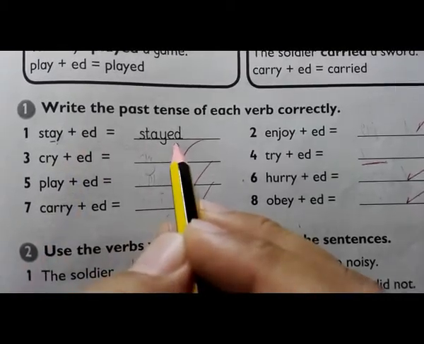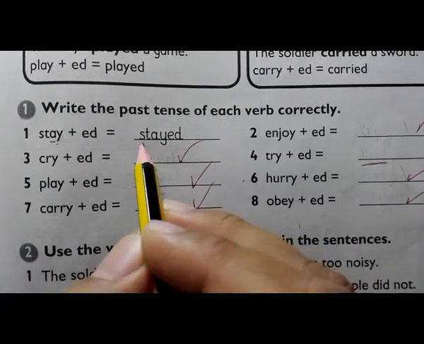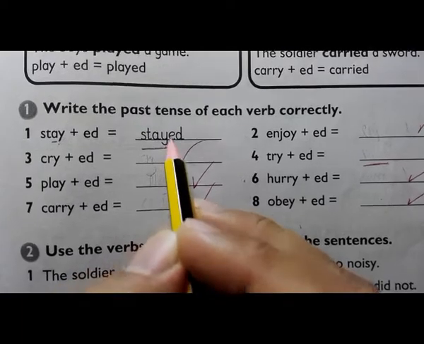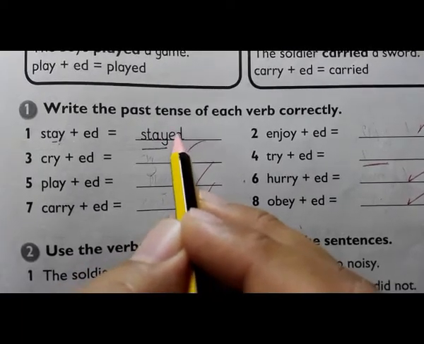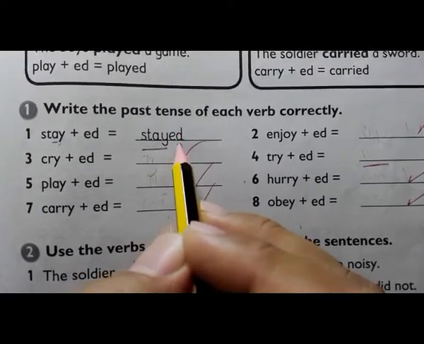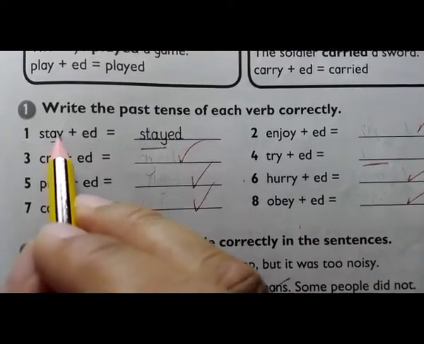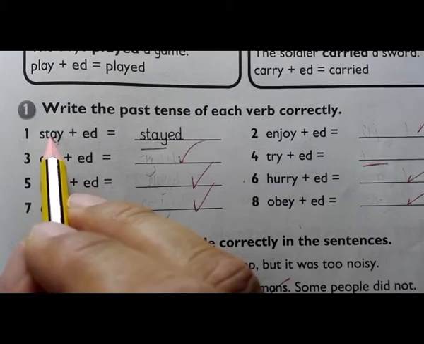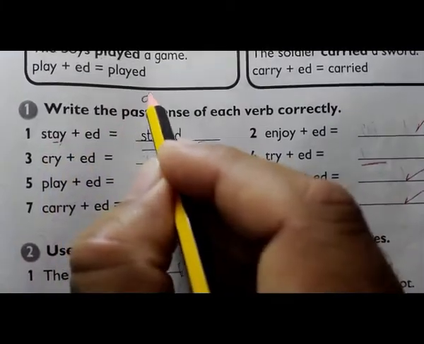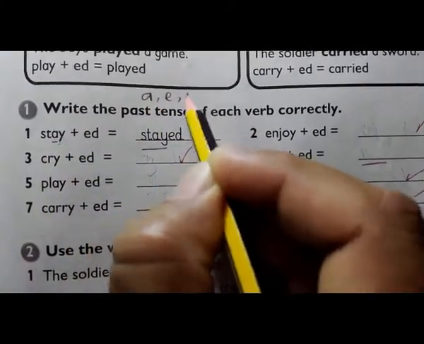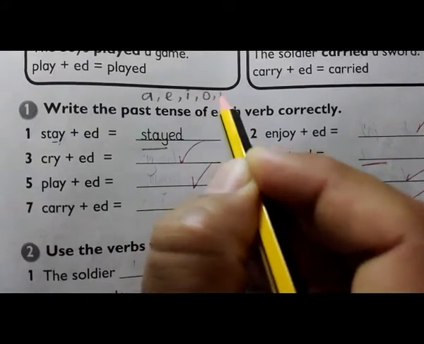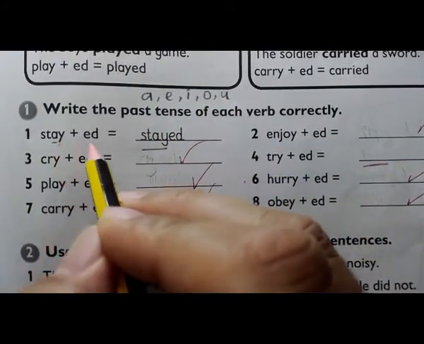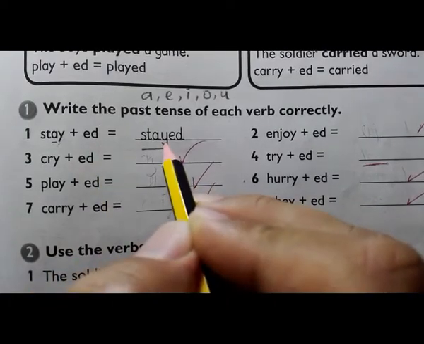Like the example you can see here, stay is the present form, and if you add ed, it will become past tense. So if there is any vowel letter like a, e, i, o, u before y, just add ed to make past tense.